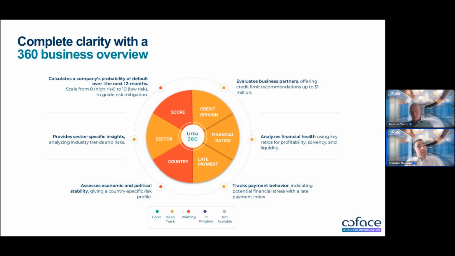Late payment index, as I mentioned, collecting data on our TCI department, we are able to see if a company, for example, with good score, with good financial, with good information, has a bad experience in payment with COFACE, it's something that we can intercept immediately and we can put as adjustment in our evaluation. And last but not least, the financial, where the financial information are available, we are able to collect this information and to bring in our view. So as you see, Urba is a way to make it visible all our insights and our data.